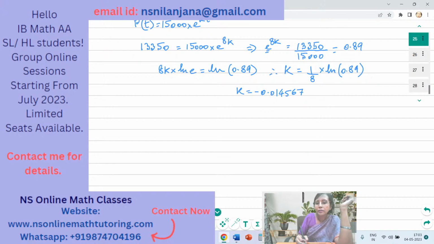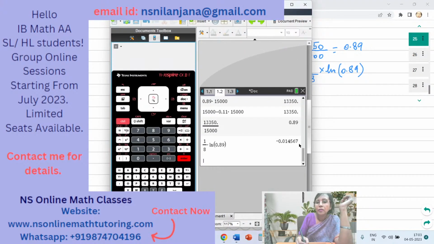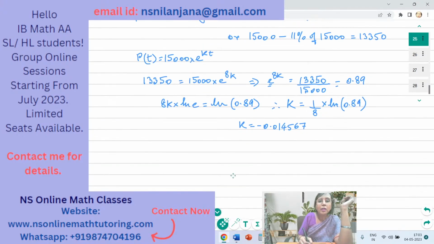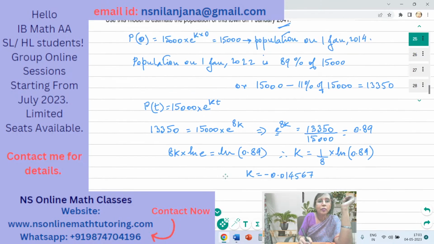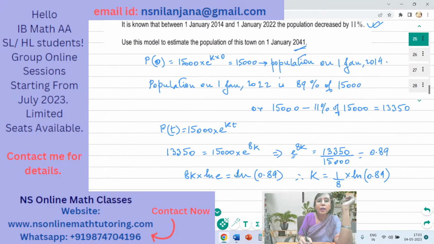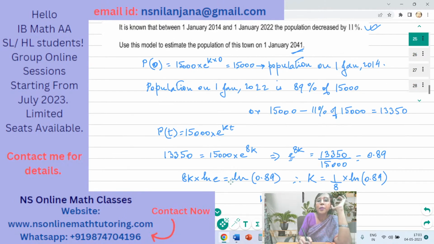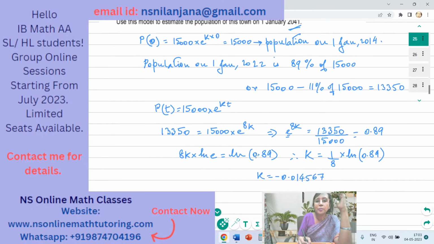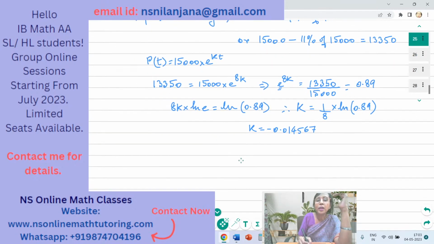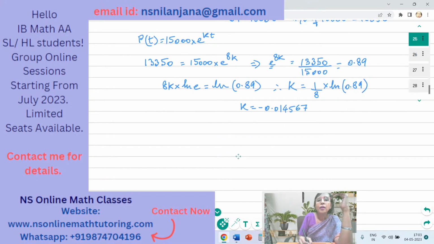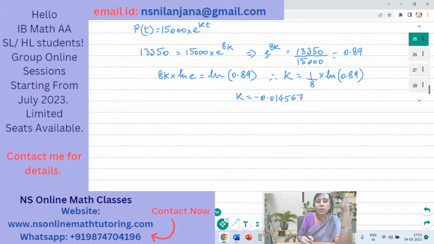But we are not asked to find the k value. What are we asked to find? Use this model to estimate the population of this town on 1st January 2041, which we had previously calculated to be having the t value as 27. And now we know the k value as well.